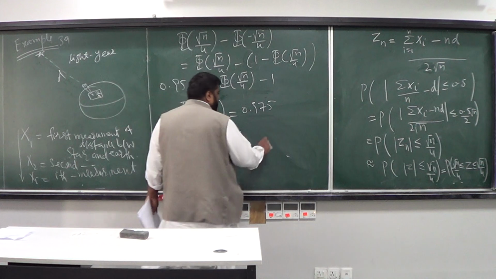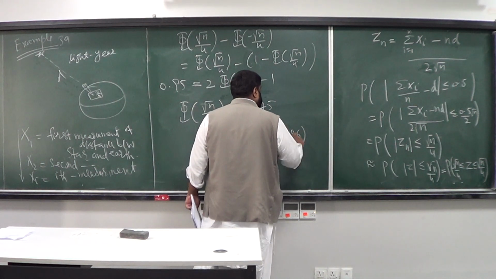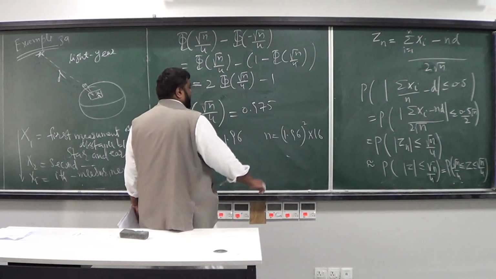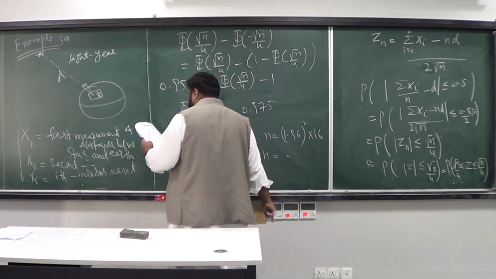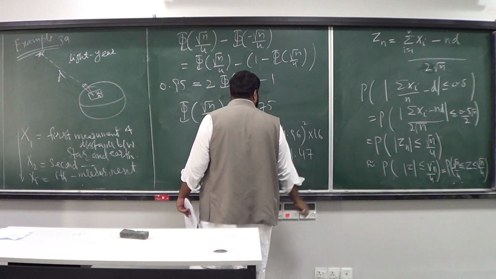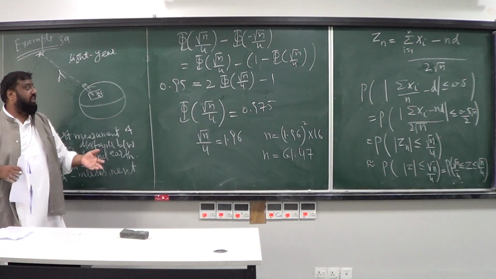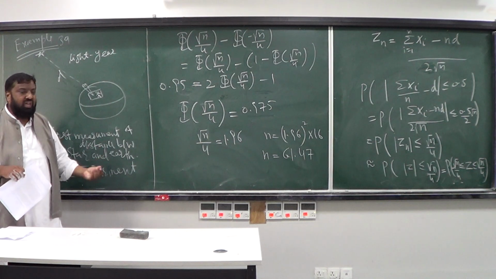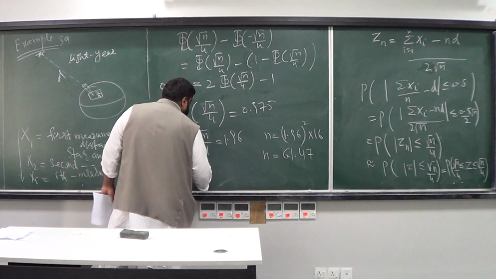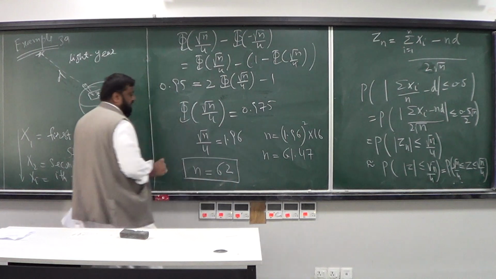If you square both sides, then n is going to be 1.96 squared times 16, and you can estimate this number to be approximately 61.4. Now n represents the number of observations that the astronomer must make. This can't be a fraction, so let's choose n to be 62.